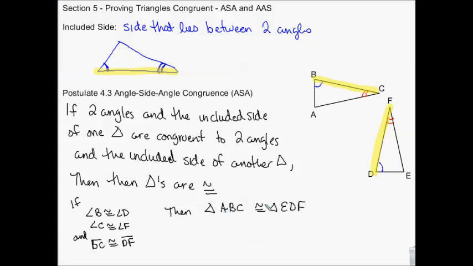And now you'll notice when I listed this, I didn't do DEF, I did EDF because angle B is congruent to angle D and C is congruent to angle F, which means that A and E would have to match.